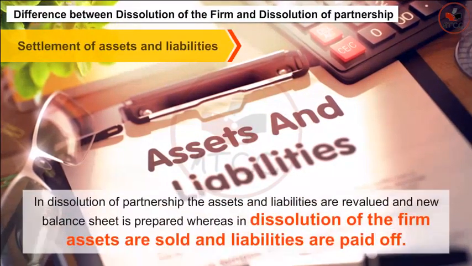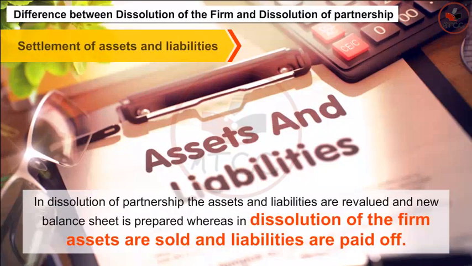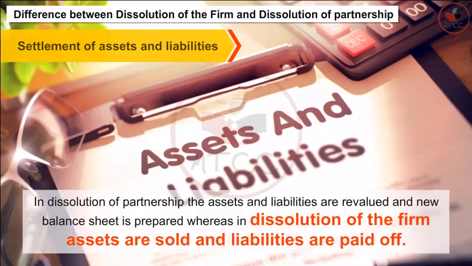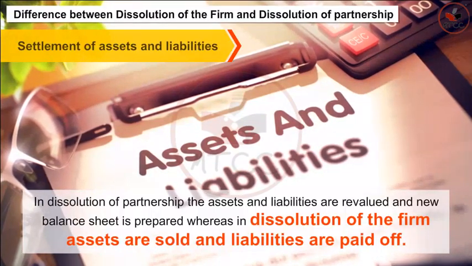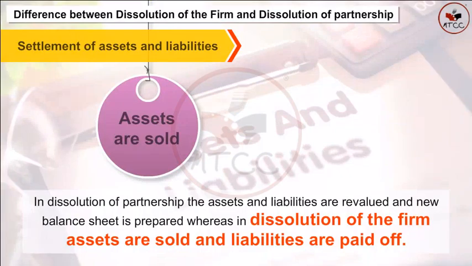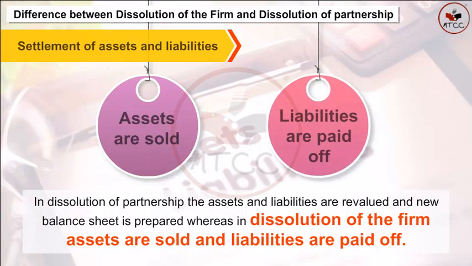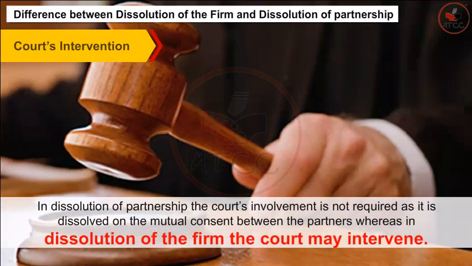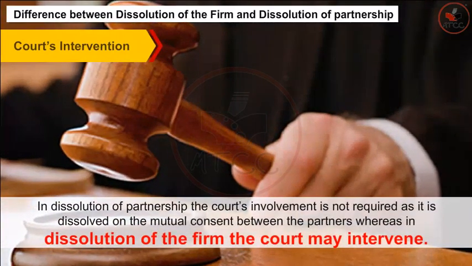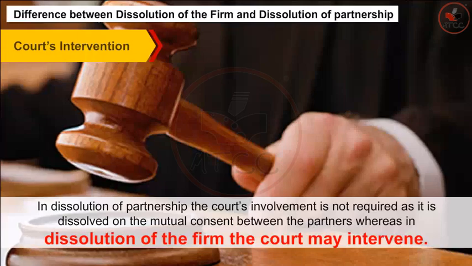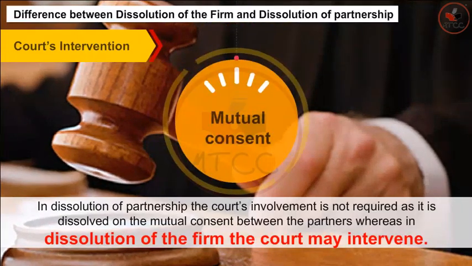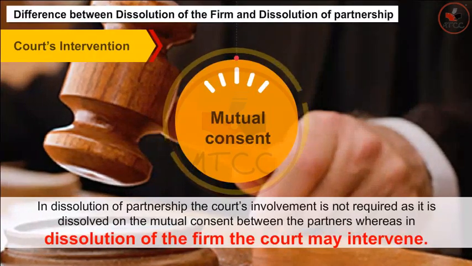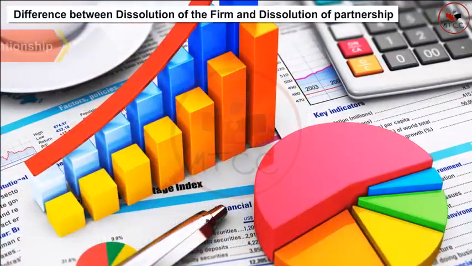In dissolution of partnership, the assets and liabilities are revalued and a new balance sheet is prepared, whereas in dissolution of the firm, assets are sold and liabilities are paid off. Court's intervention. In dissolution of partnership, the court's involvement is not required as it is dissolved on the mutual consent between the partners, whereas in dissolution of the firm, the court may intervene. Economic relationship.